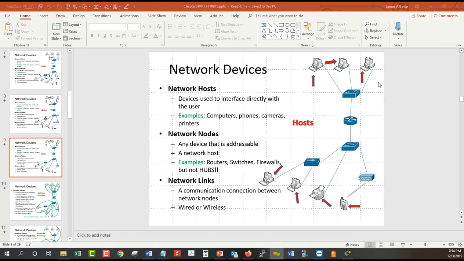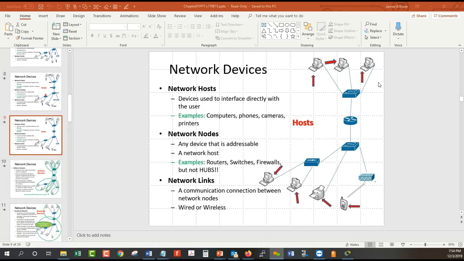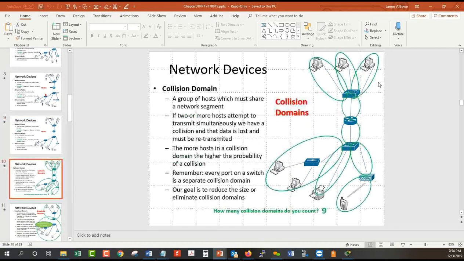Let me just go through real quick and see. This is a useful one right here. One of the things that we want to know about is what are the collision domains. What we're seeing here is this device right here is a switch.